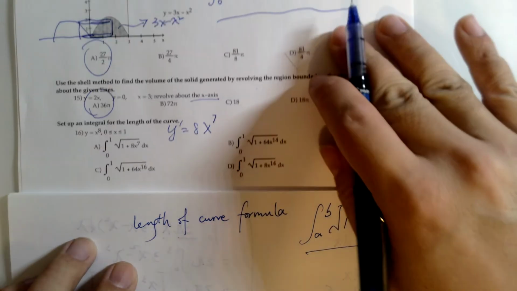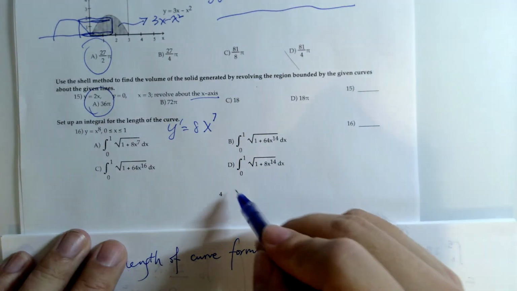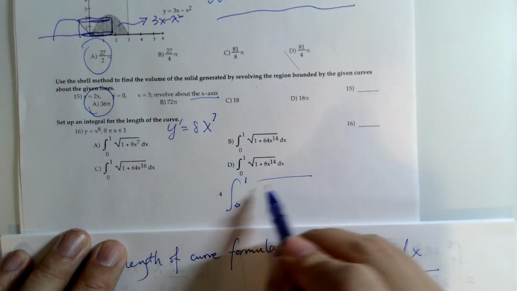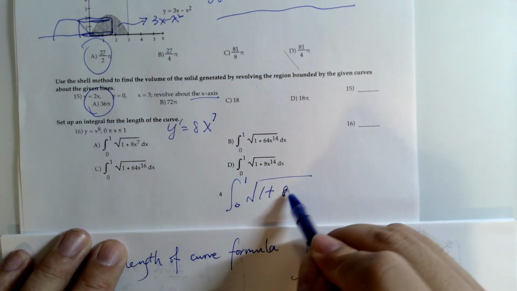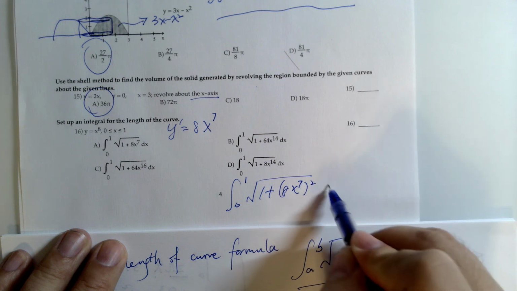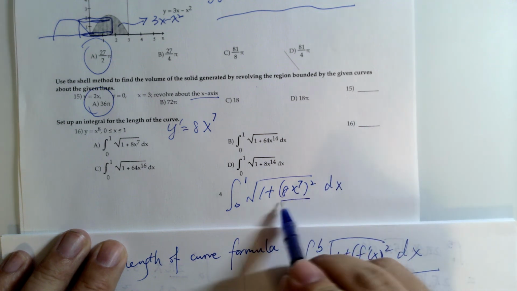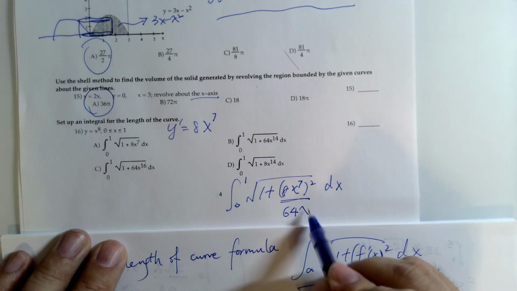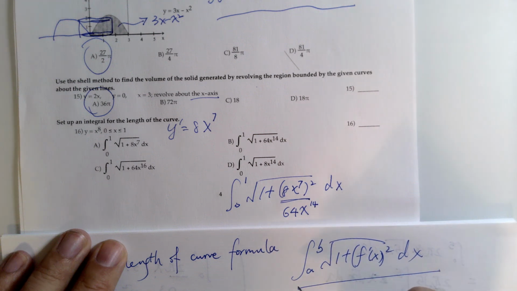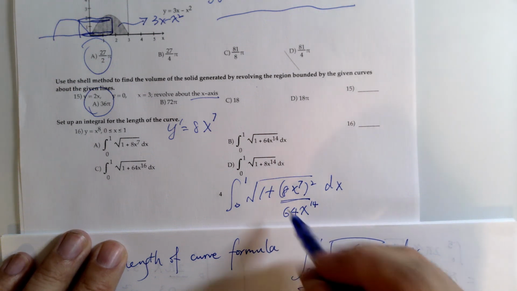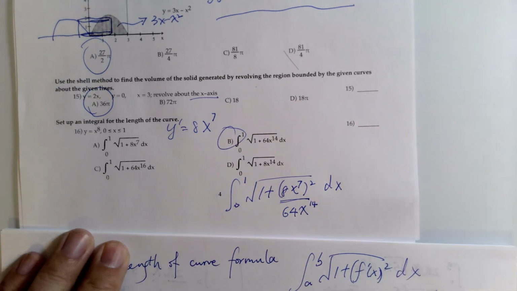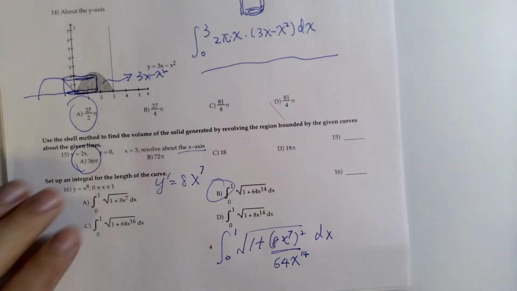If we follow that, the integral is going to be from 0 to 1 of the square root of 1 plus (8x to the power 7) squared dx. And this part is actually 64x to the power of 14, right? So you can figure out the correct answer is going to be B. Okay, so that's number 16.